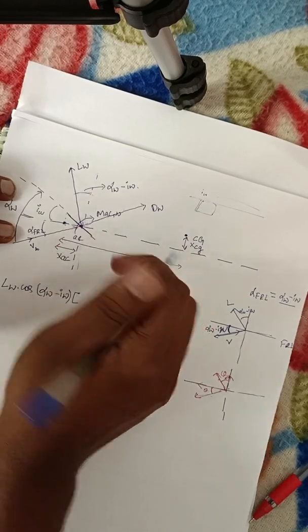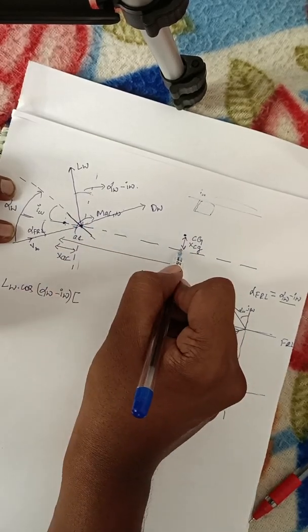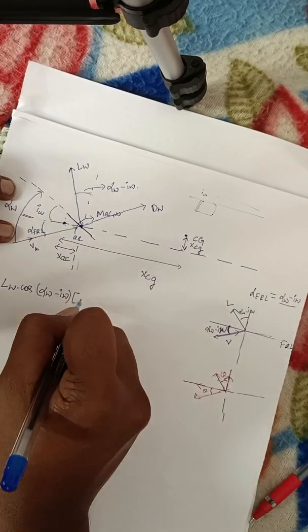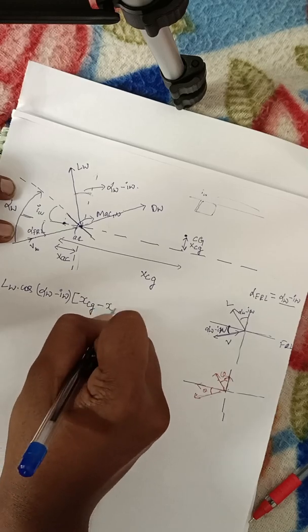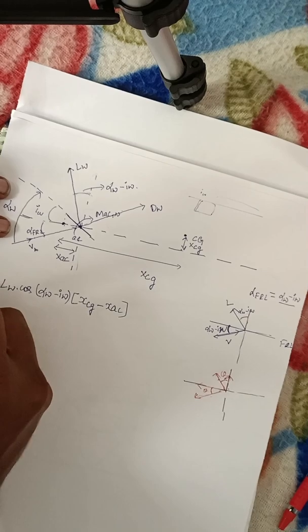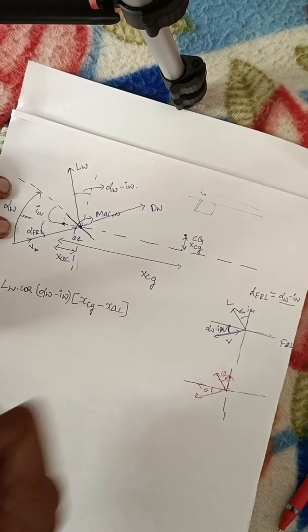What is this perpendicular force? From here to here, XCG minus XAC, am I right? This is the force, and this is the MCG, the moment about the lift, XCG.